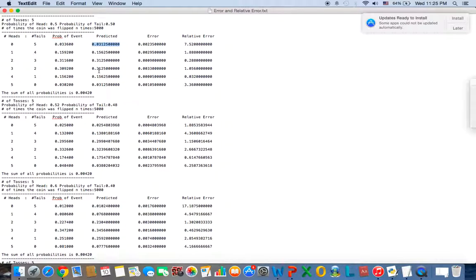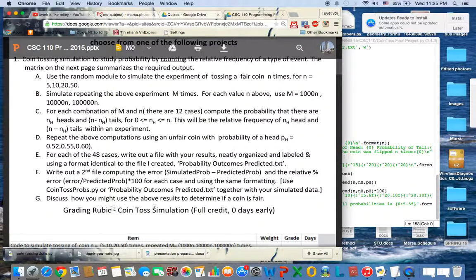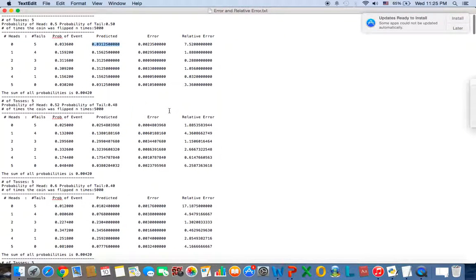Now I'm gonna discuss the last question. The last question is to discuss how we can use this kind of code, the program, to determine if a coin is fair or not. If the coin is fair, we can see that it is symmetric here.